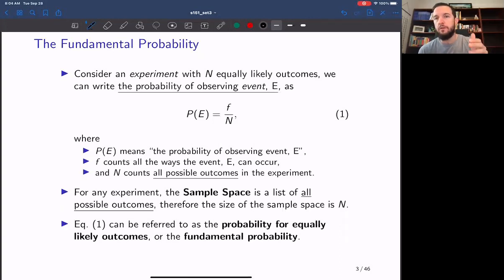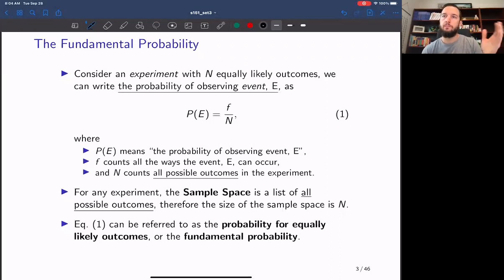So we let capital N designate all of the different things that can occur within the experiment that you are interested in. We let capital E represent the event that is of interest to us. So capital E can be anything that we would like to calculate the probability of observing. And then we let little f designate all of the different ways that this event can occur.